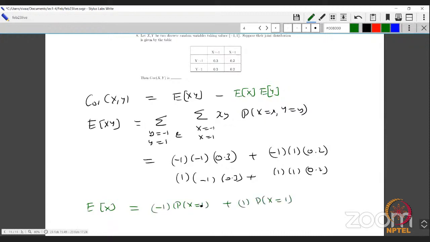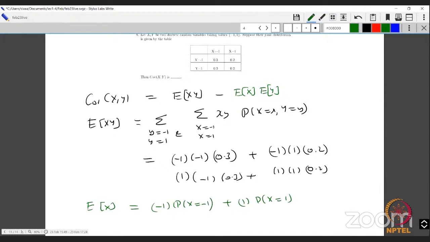Probability x equal to -1 is this number, 0.3 plus 0.3, so -1 into 0.6. That's this column. Plus 1 into probability x equal to 1 is this column. That's 0.2 plus 0.2, which is 0.4. So this whole thing is minus 0.2.